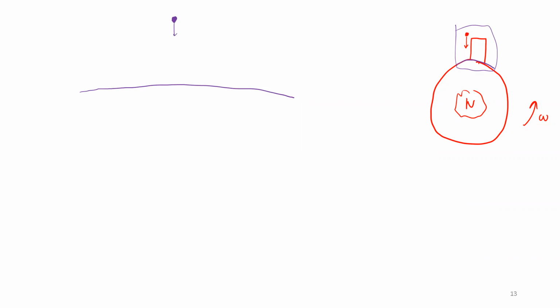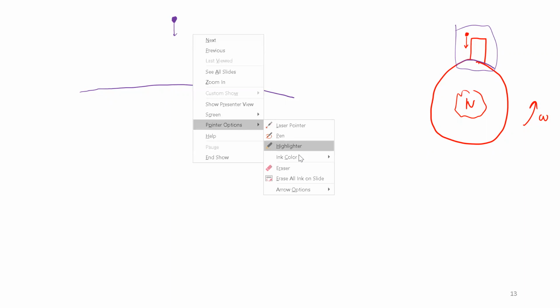Initially, before the person released the ball, from the viewpoint of a fixed observer, this ball is not at rest. Why is that? Because the whole thing is rotating.